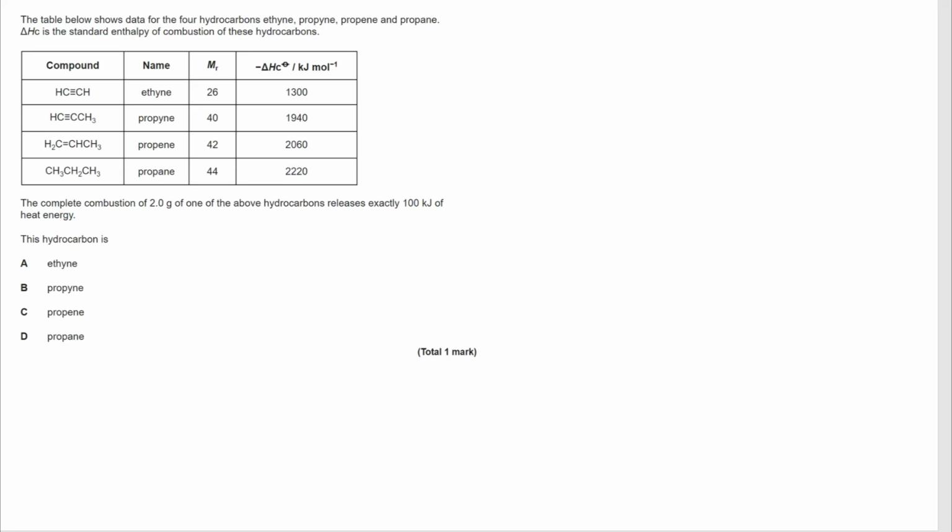And on here, we are being given enthalpy of combustion data. Let's take a look at what we can do with it. Well, to begin with, we want to know how many moles of each of these things there are. So I'm going to start with ethyne. I've got an MR of 26 and I've got 2 grams of it. That means that I have got 0.077 moles.